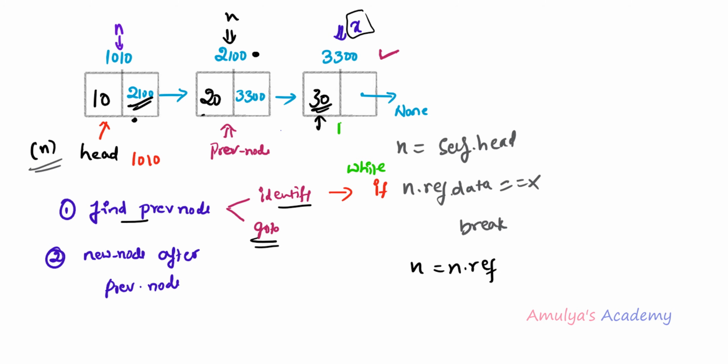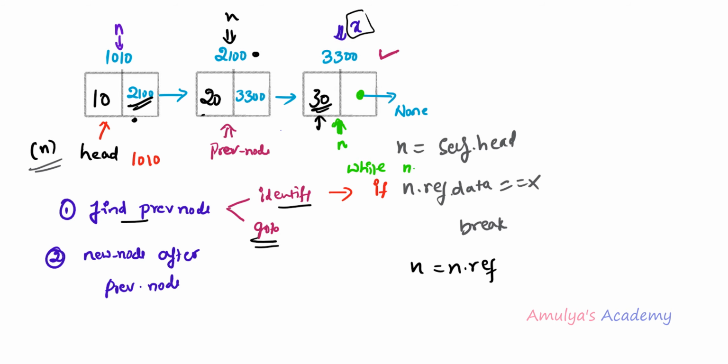So when we are here, that is when n becomes this, I need to stop. I don't want to execute this body, because when n.reference becomes none, n.reference.data will get error. So when this node becomes n, I need to stop the execution of the program, right? In this node, n.reference is none.